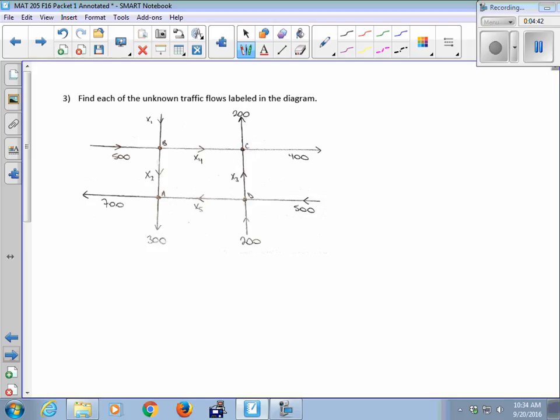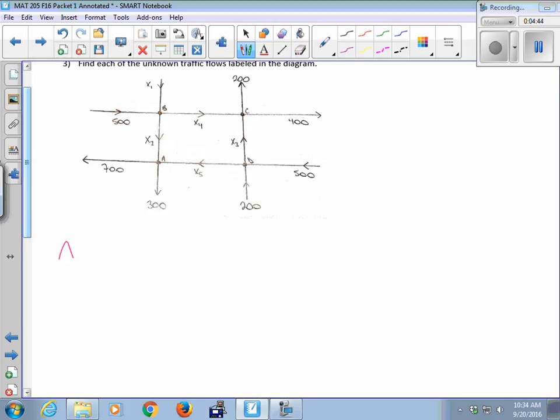So let's look at each intersection, right? So at A, everything that flows in has to equal everything that flows out. So flowing into A, I've got X2 and X5. That's in. And then flowing out of intersection A is a 300 and a 700.